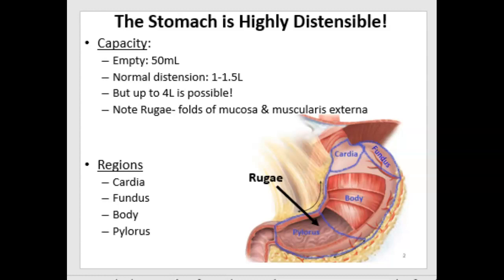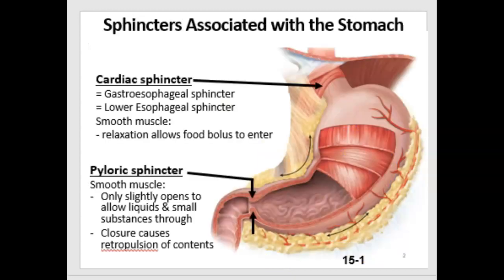And finally, the fourth portion is called the pylorus, and it's funnel-shaped. And it narrows towards a sphincter made of smooth muscle. And this pyloric sphincter acts as a valve to control how much of the stomach contents enters the small intestine at any one time. And we'll look at that again in a little bit.